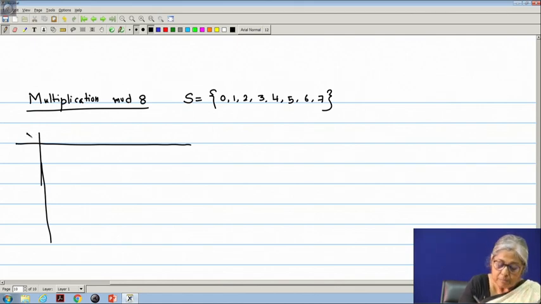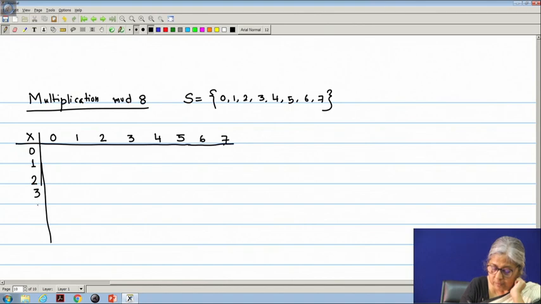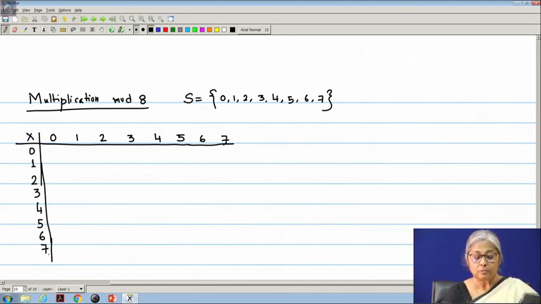Here also we consider 0, 1, 2, 3, 4, 5, 6, 7. Now it is multiplication, so I have to take A into B modulo 8, and AB belongs to S.